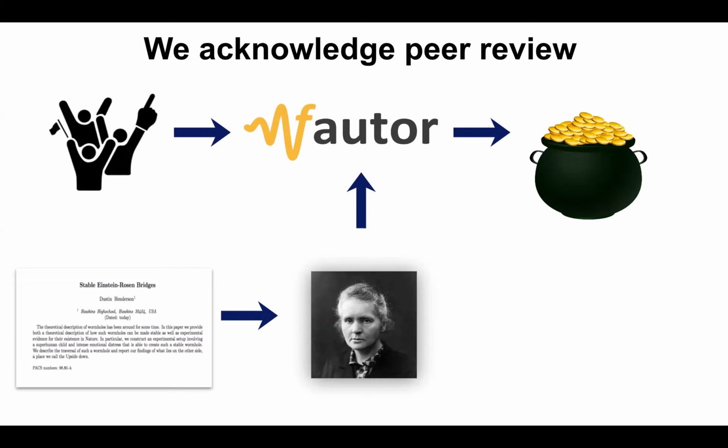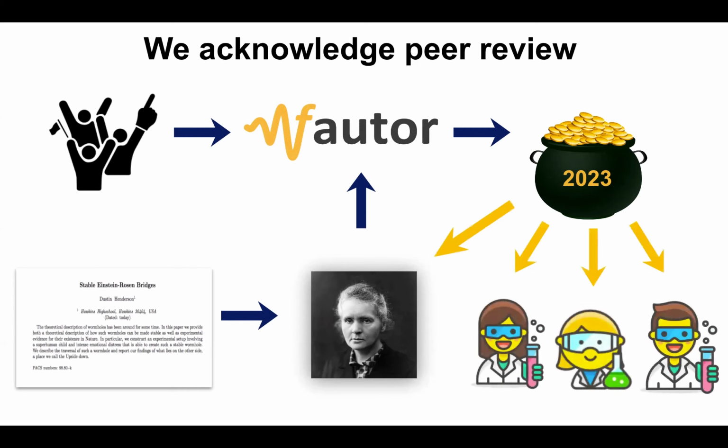And at the end of the year, let's say we do 2023 as an example year, the total donations of this pot are distributed to all the authors who have uploaded their reviews to Fautor. So this is just some small way of recompensating reviewers for their work in validating new science.